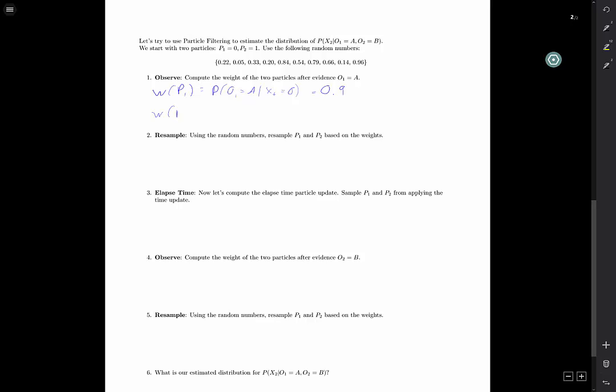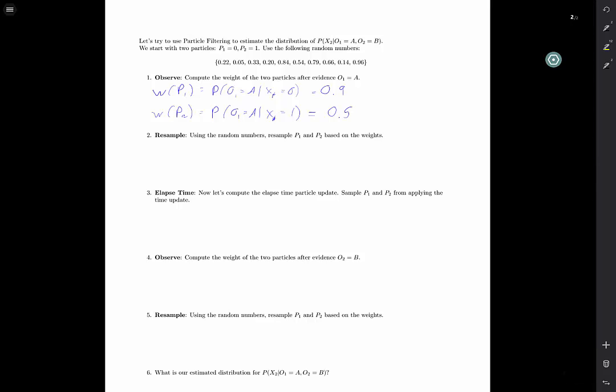And the weight of particle 2 is the probability that O1 equals A given, well, particle 2 has value 1. So we can look this up in our table and find the weight to be 0.5.